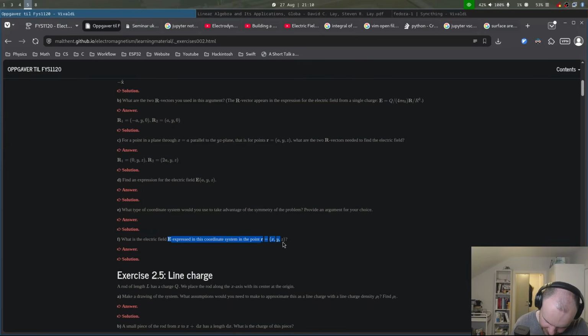We need to create that again. R is equal to X, Y, and Z now, which means that our R1 is something different, because we had A. So it's now, of course, X minus A, Y, and Z. And then R2 is, of course, X minus minus A, that's just X plus A, Y, and Z.